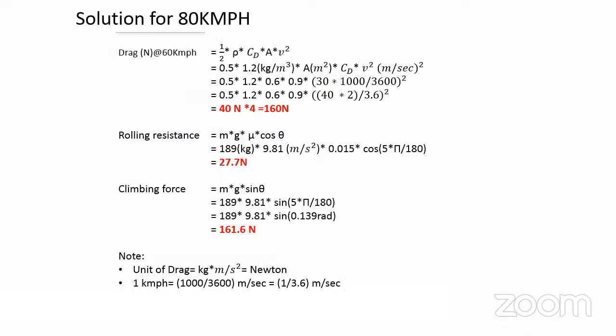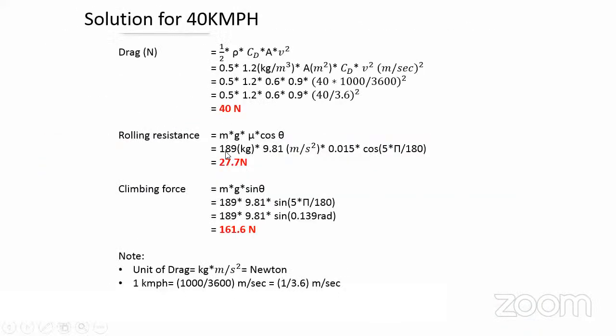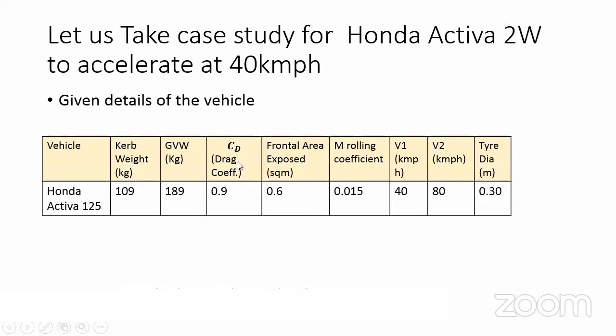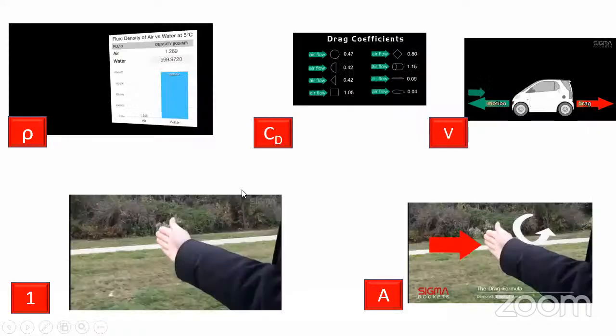All this information you can get only by analyzing these forces, considering certain parameters like drag coefficient, frontal area, rolling coefficient, and so on. Fine, so I think we can stop here.